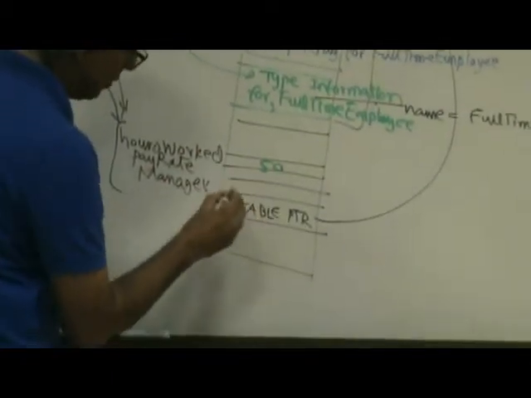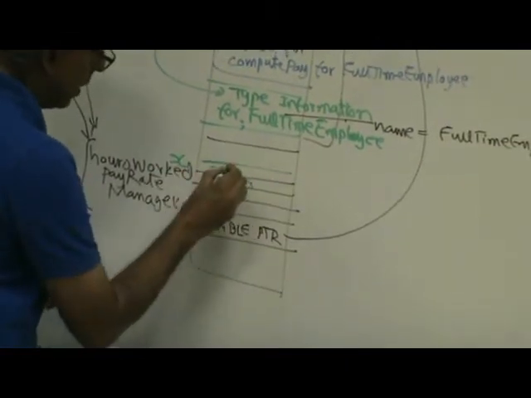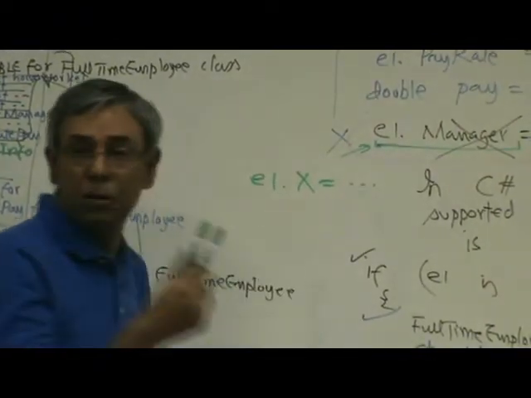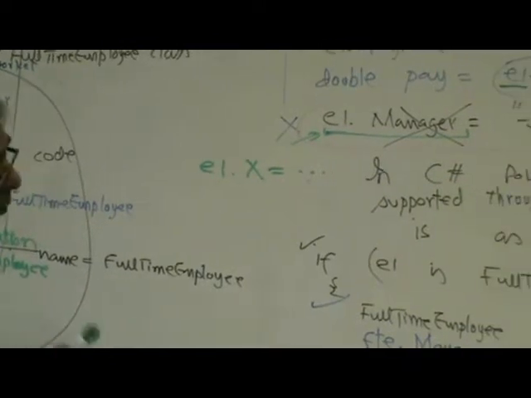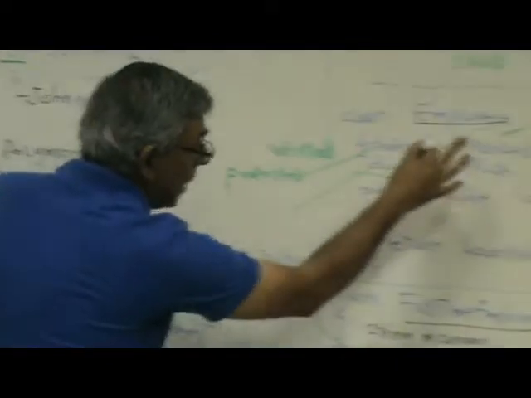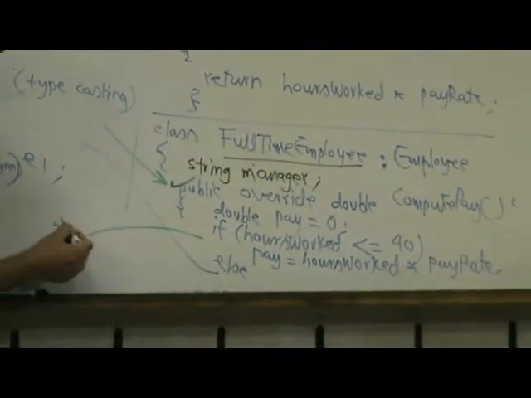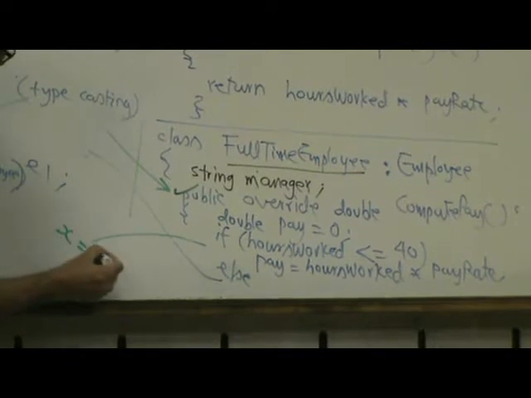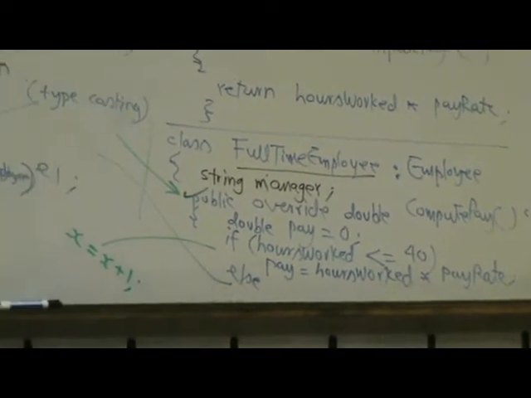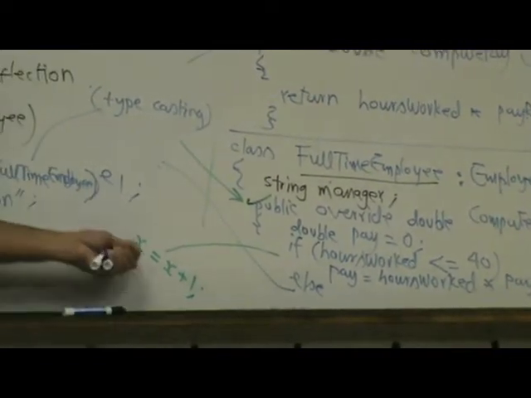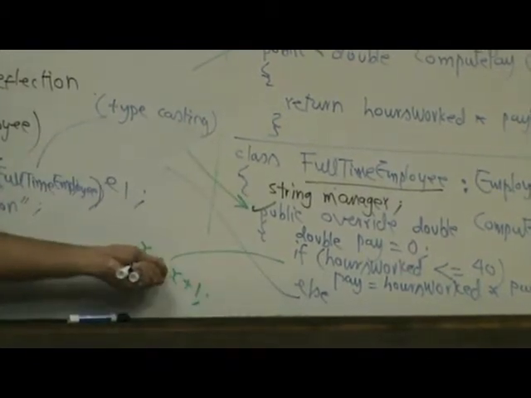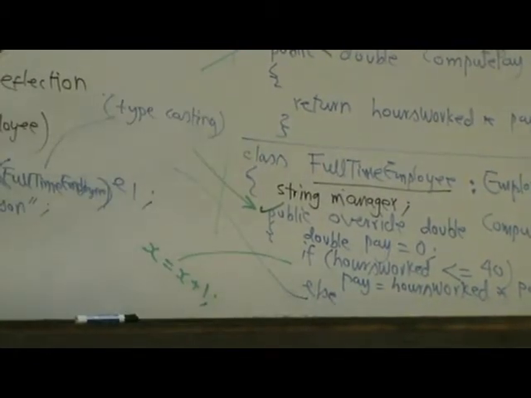So once the computer allocates the memory, there will also be memory for an X, even if it is private. The only difference is, you can actually go home and try this out and you'll see it will work perfectly. The only issue will be if it is private, and you try to do, in any of the methods, x equal to x plus 1 as an example, it will complain that it cannot access it because it is private.